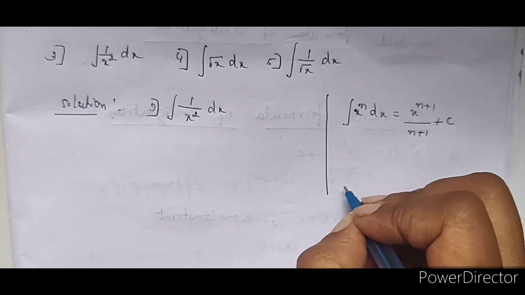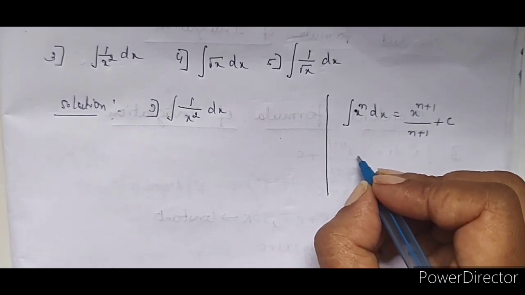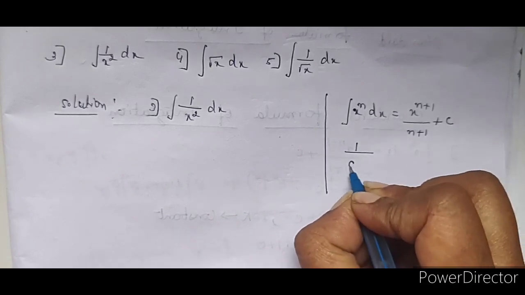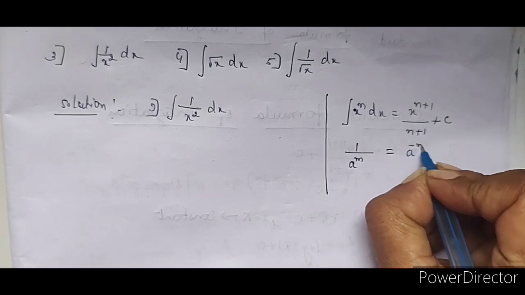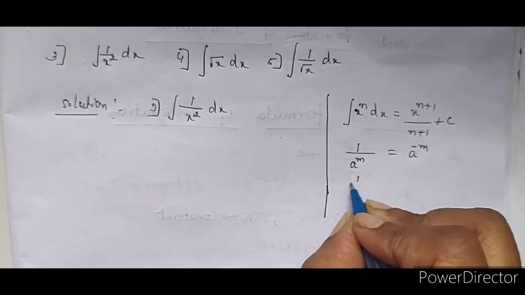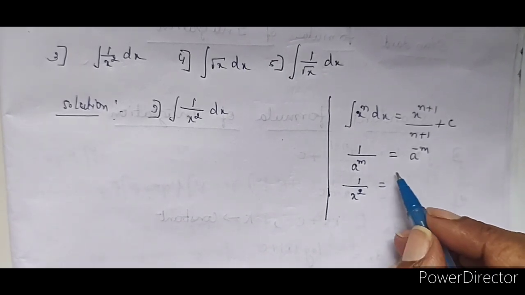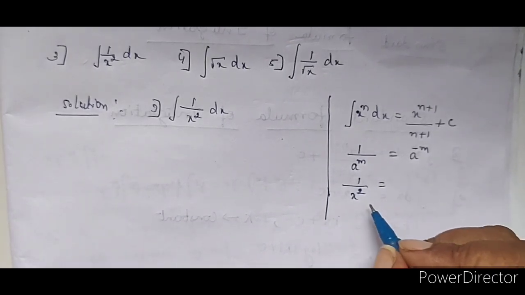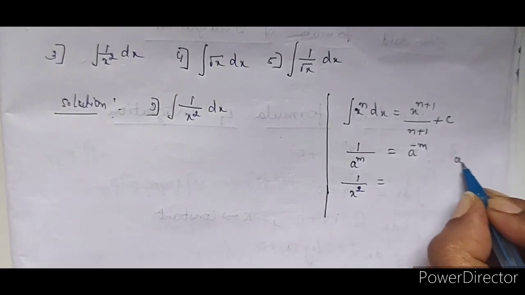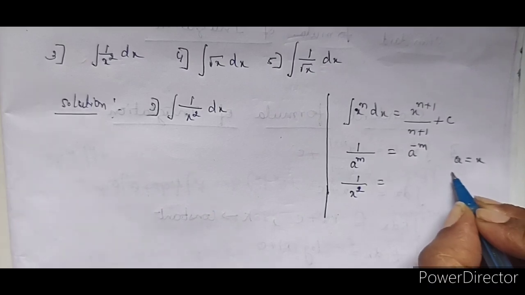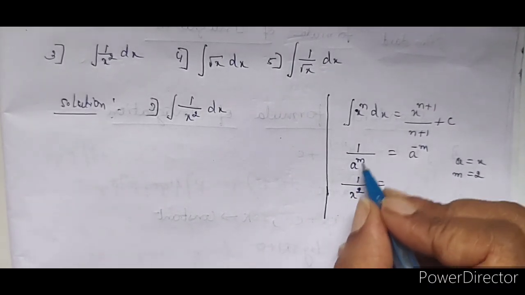To write that, we shall use this rule of exponent: 1 divided by a to the power of m can be written as a to the power of minus m. So, 1 divided by x square, by this rule of exponent, we can write it with x in the place of a, and when you compare with the rule of exponent, m is 2.